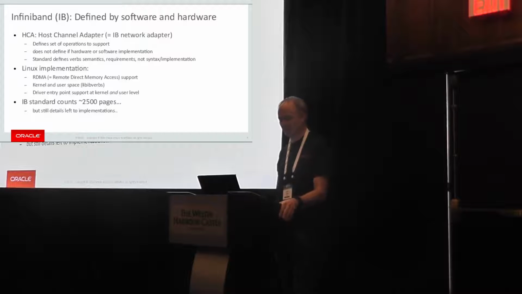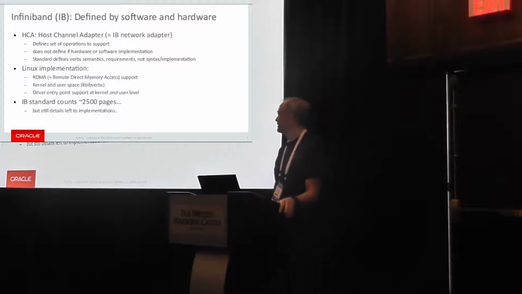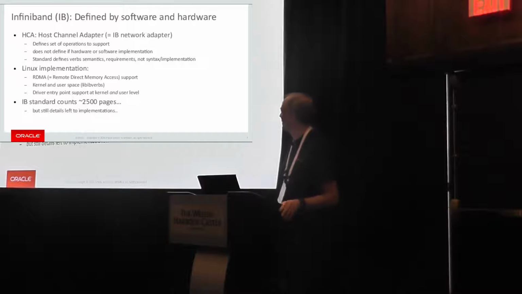challenges in that area. So the Linux implementation is what many of you know as RDMA, or Remote Direct Memory Access support. Back in the old days we used to call this a shared address space or remote address space, but RDMA is the modern term for it.